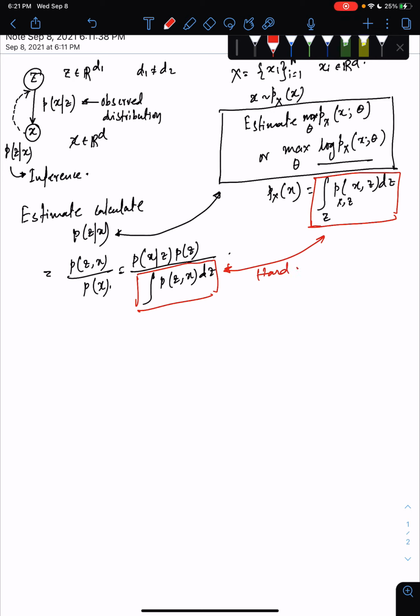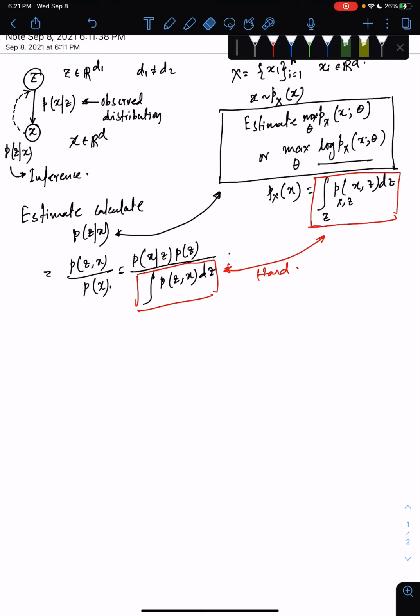Because the z's are d1 dimensional, so we may have dz1 dz2 and so on, and this integral can grow to a large number, which is actually difficult to integrate, because if it is d1, then we may need to integrate d1 number of integrals, which is an NP-hard problem, and we cannot do that basically.